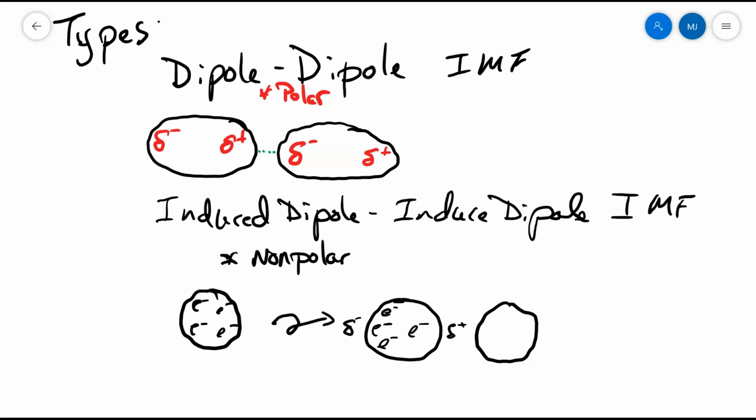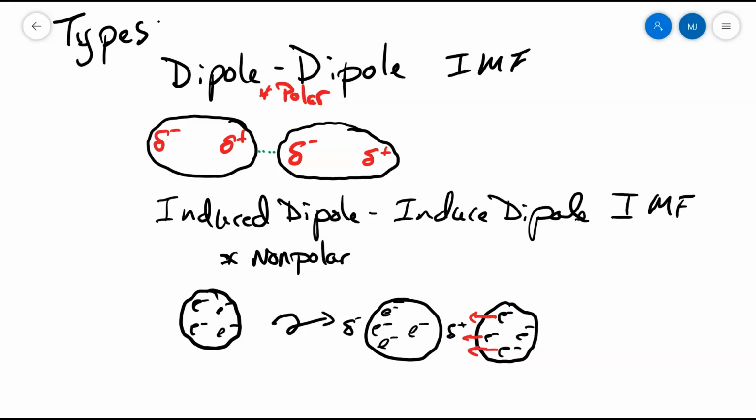However, if there was a molecule next to it, each one of those electrons will get pulled towards the positive charge in the neighboring molecule.